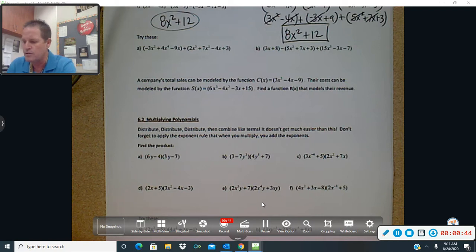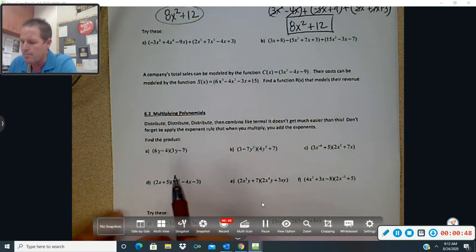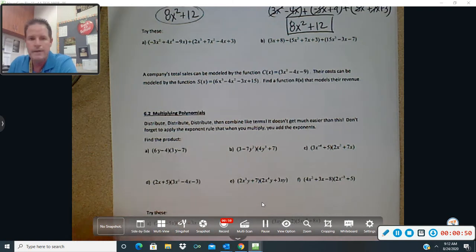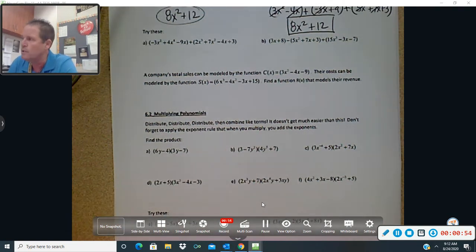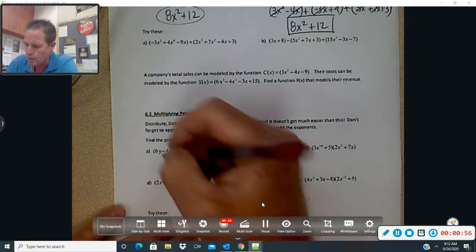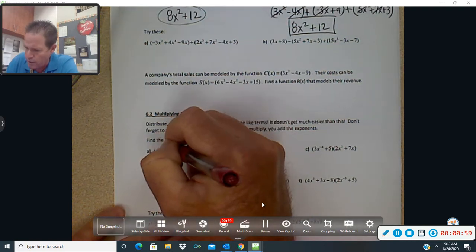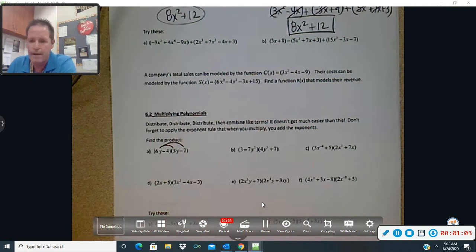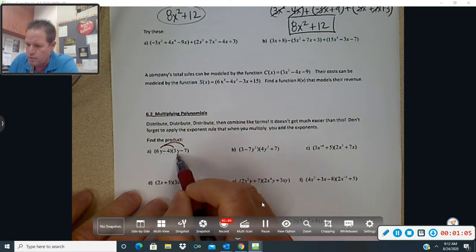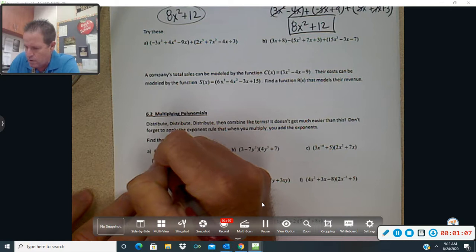So you've done the distributive property before. That's a pretty simple topic. How do I multiply two binomials? Remember, a binomial is a two-term expression. So what we're going to do here is start by distributing the 6y. So I do 6y times 3y to get 18y squared.